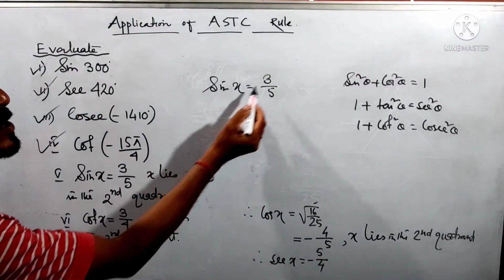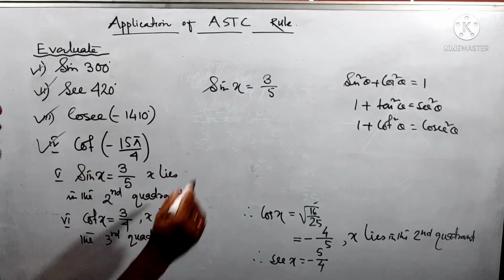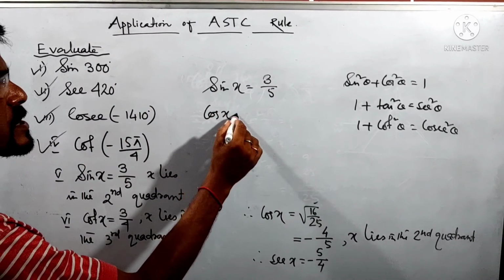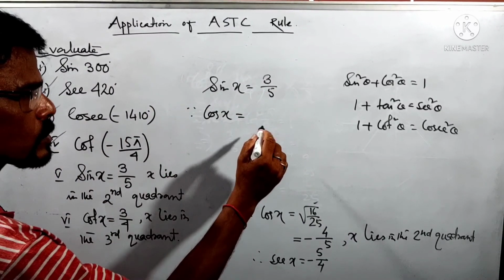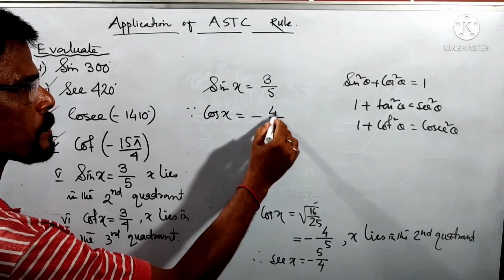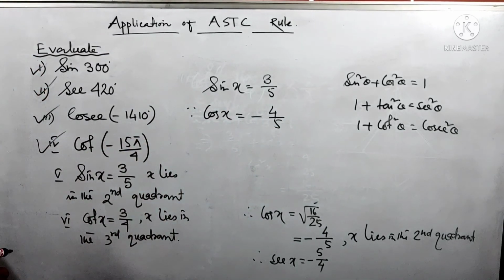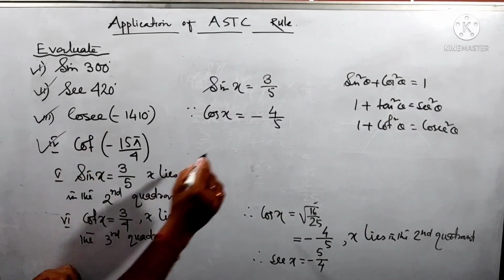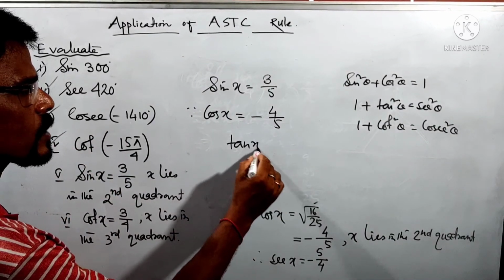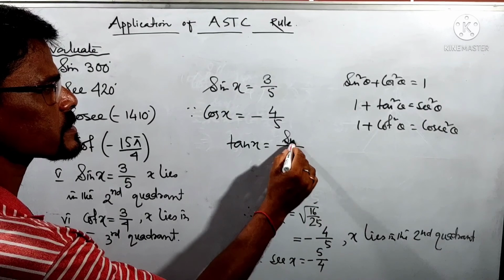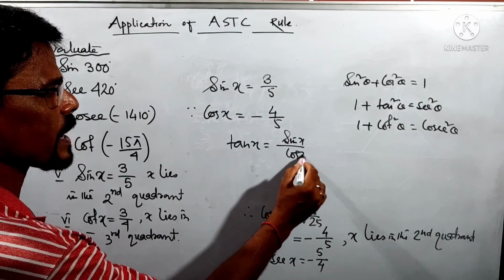We are given sin x equal to 3 by 5, and now we have cos x equal to minus 4 by 5, and you know tan x means sin x by cos x. Tan x equal to sin x by cos x.